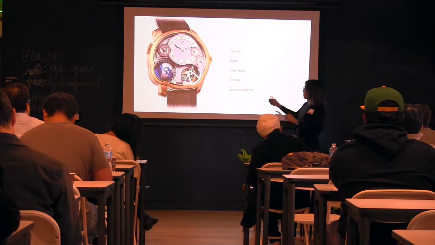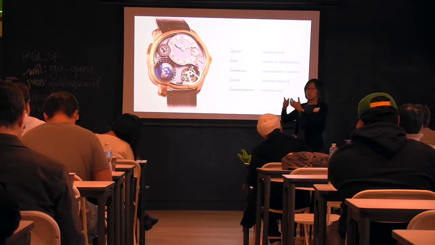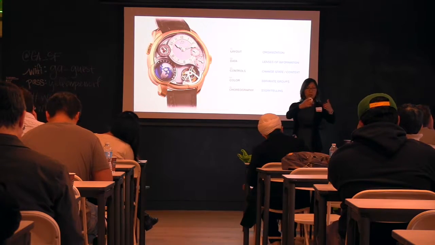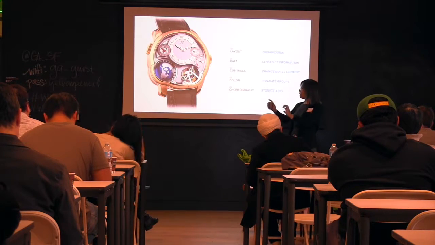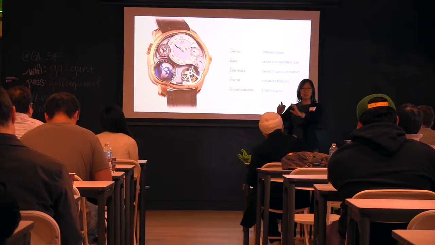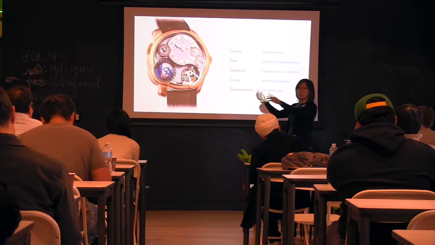And of course, there are the other dimensions of color and choreography: how you separate one bit of information from another bit of information, and how you explain where things transition from one particular state of time to the next.